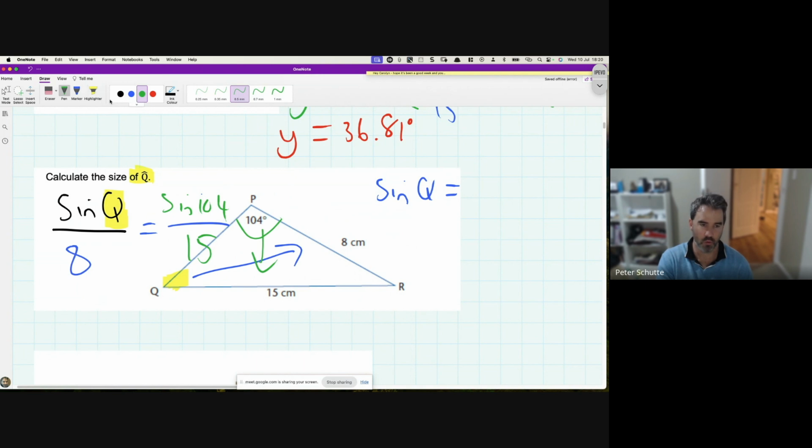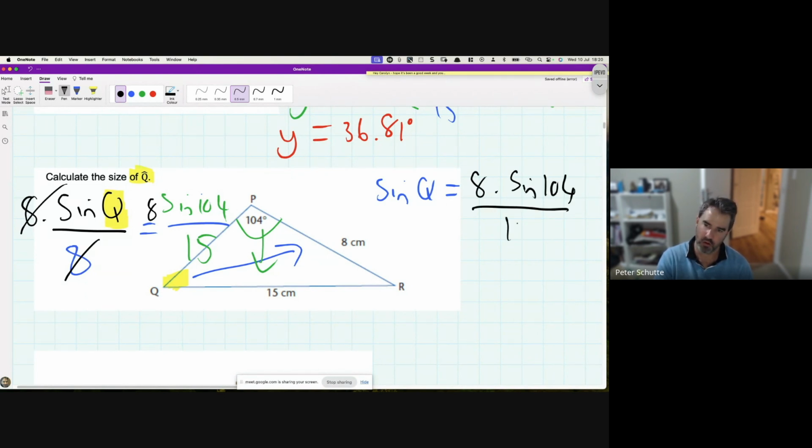Now, we need to move this 8 on this side to the other side. So I multiply this side by 8, and I multiply this side by 8. And what I'm left with is sine of Q is 8 times sine of 104 over 15. Okay, now, we need to find what this Q is.